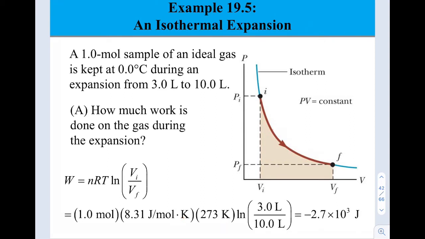For ln, you don't have to change the units of V initial and V final to meter cube because they are going to cancel each other. So you have here negative 2.7 times 10 to the power of 3 joules. This is the amount of work done on the gas.